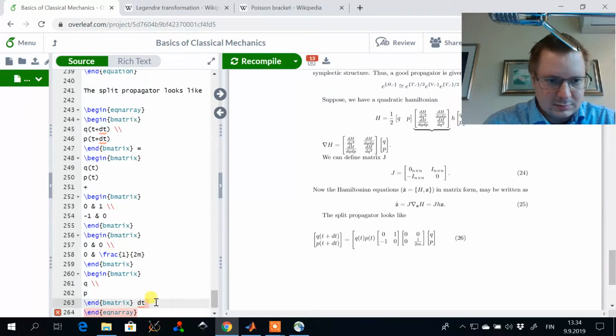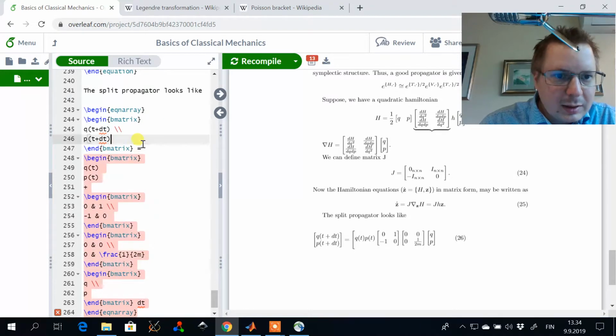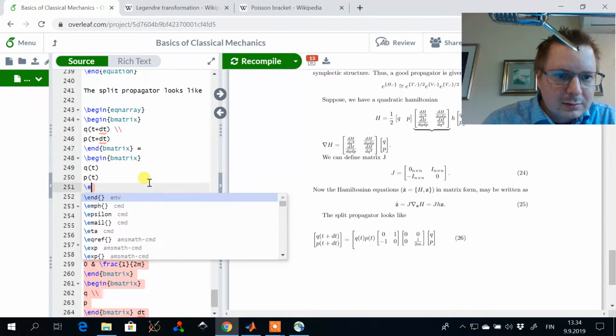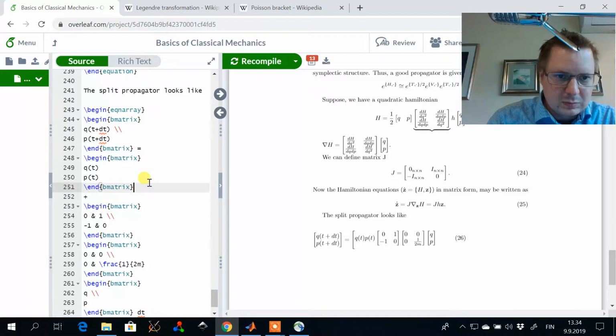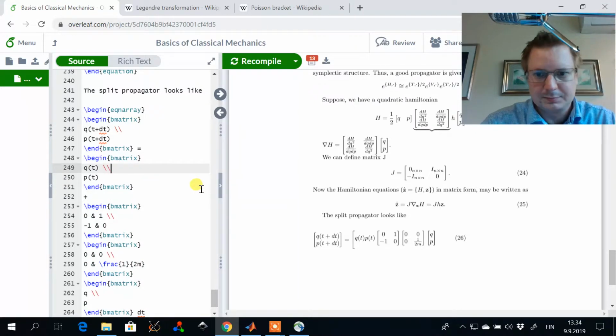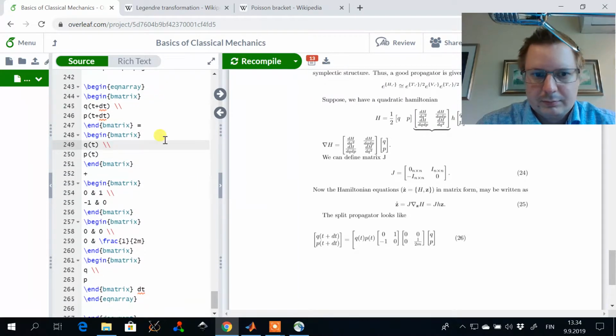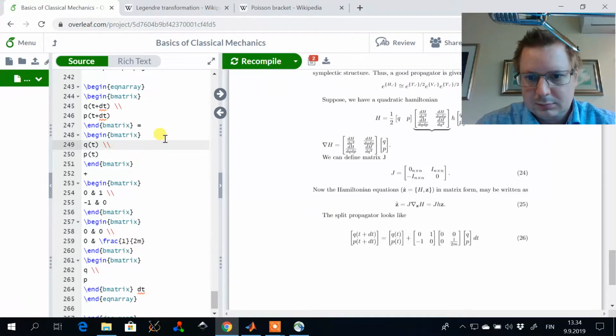So back in P matrix. So let's take this as a common factor.